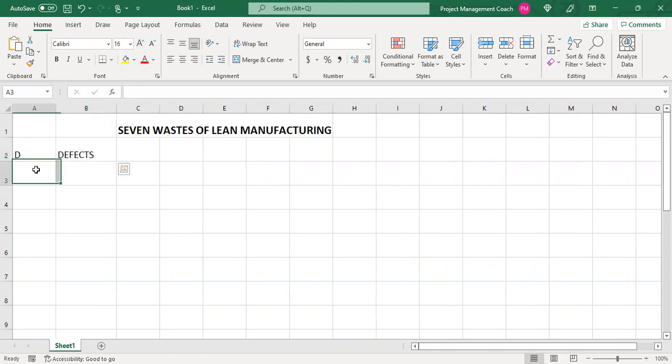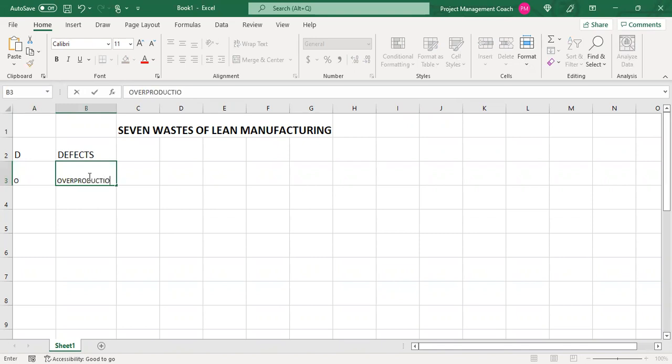The next one we're going to take a look at here is O for overproduction. And overproduction means you have exceeded demand and you're producing more than was ordered. You're producing more than was needed.